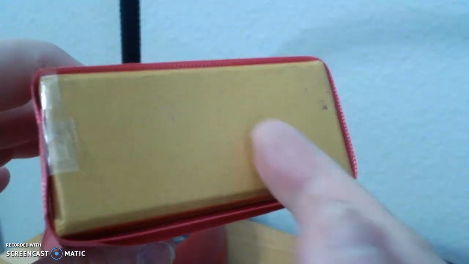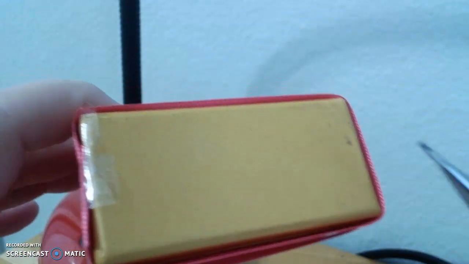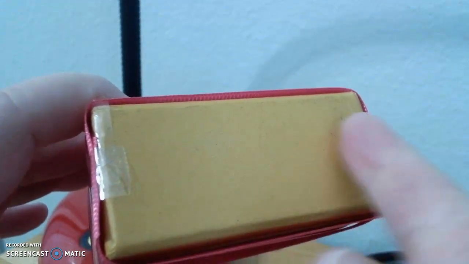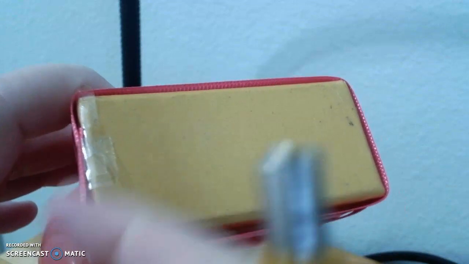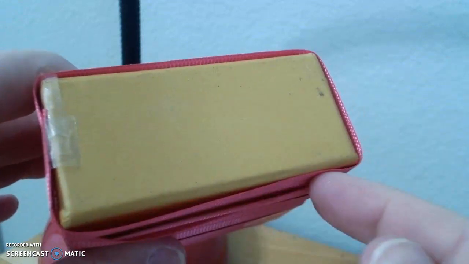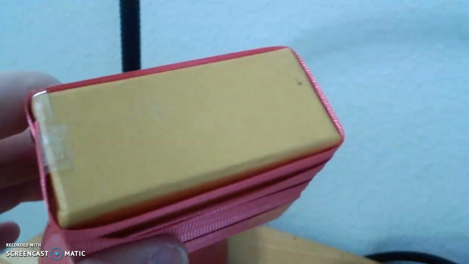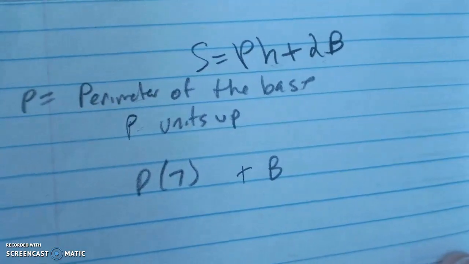Plus 2 B's. So this is the top, or this is a base. And if I calculated length times width, base times height, it would cover here. So I'd take a big old sheet, and so that's a base. That's a base.